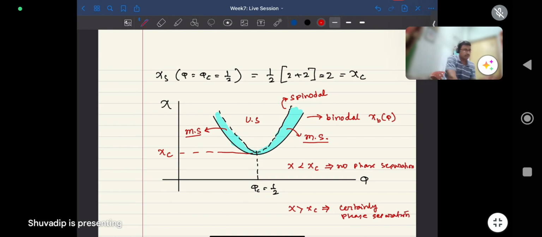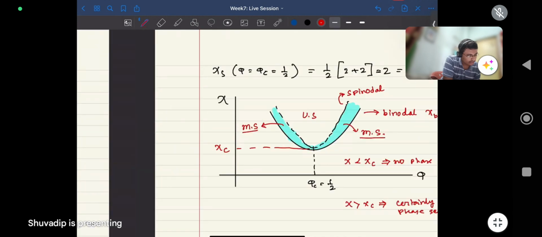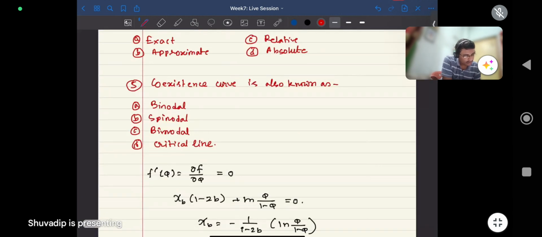So this binodal line is also separating the phase separation and no phase separation. So on this line there is a coexisting scenario. So the line of coexistence is also known as the binodal curve.